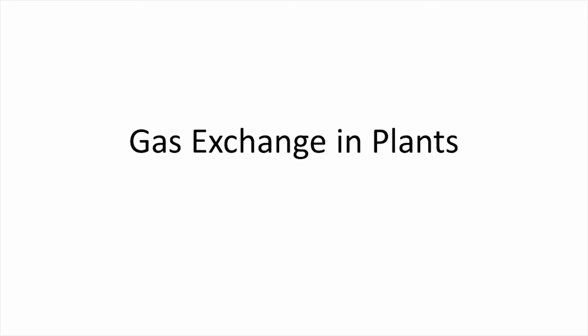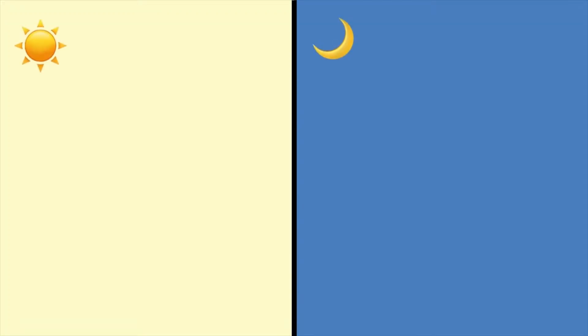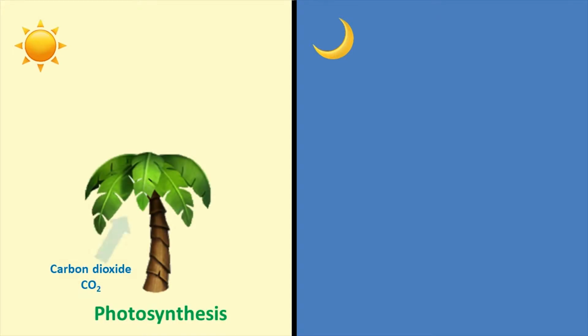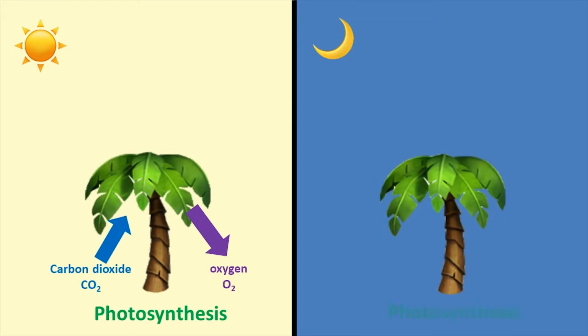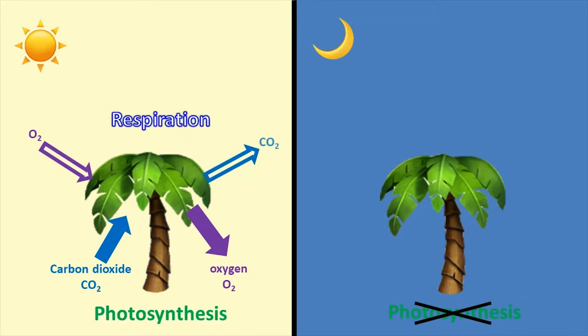As discussed earlier, exchange of carbon dioxide and oxygen between living things and the environment is involved in both photosynthesis and respiration. In photosynthetic plants, photosynthesis is carried out in the daytime only, while respiration takes place non-stop all day, both in daytime and nighttime. The net gas exchange depends on the relative rates of photosynthesis and respiration.